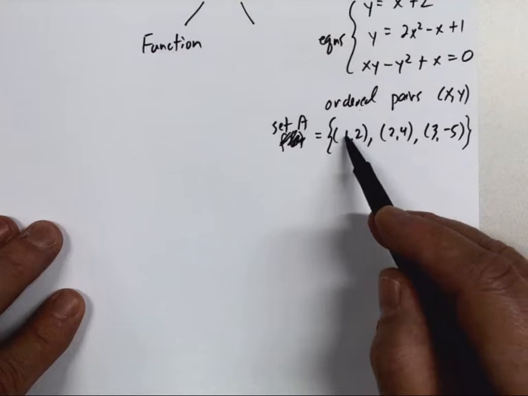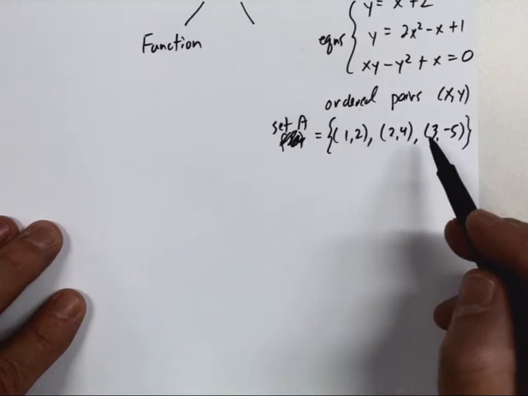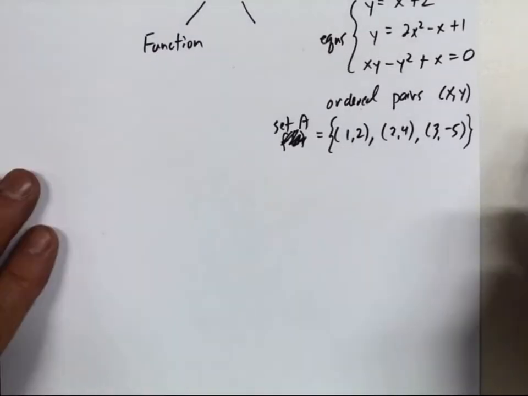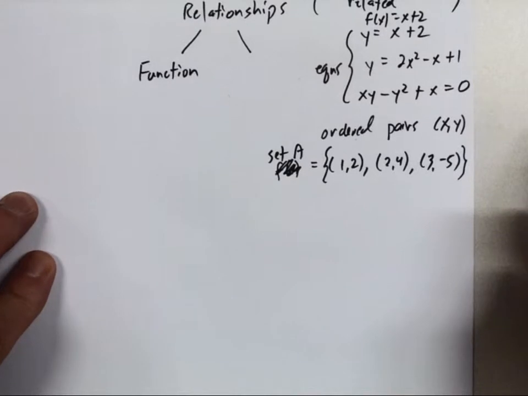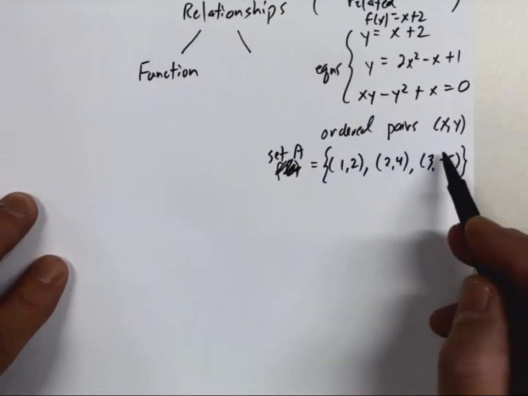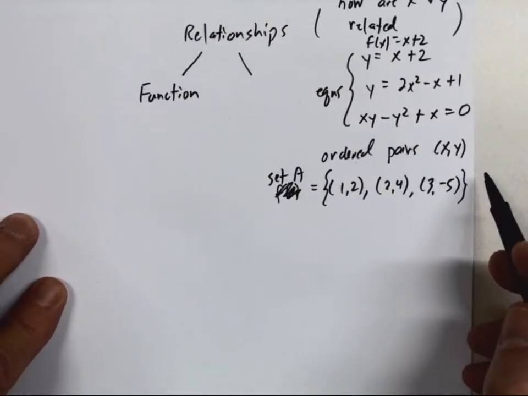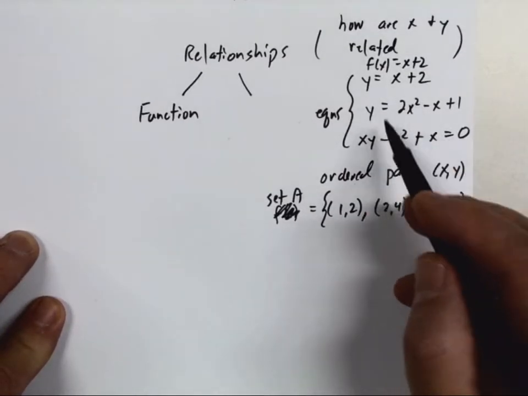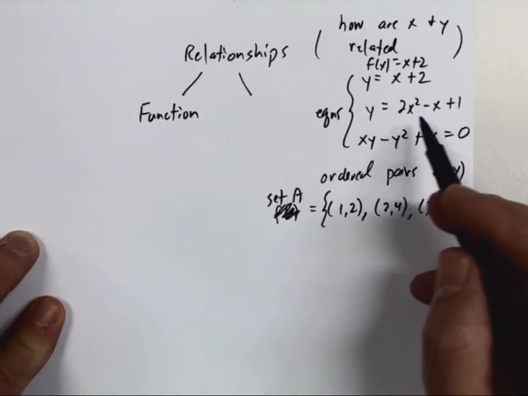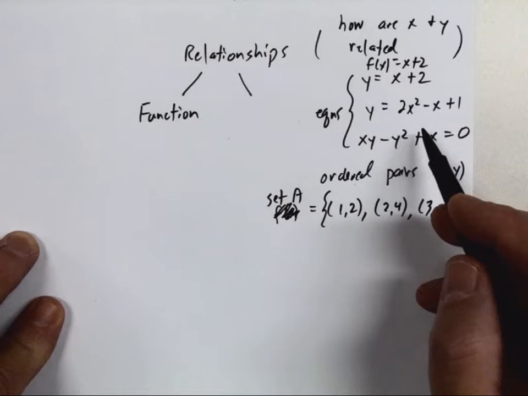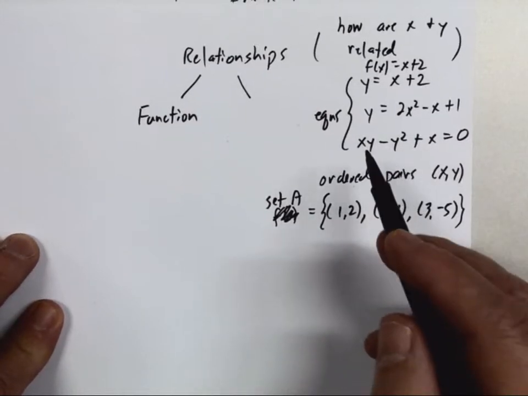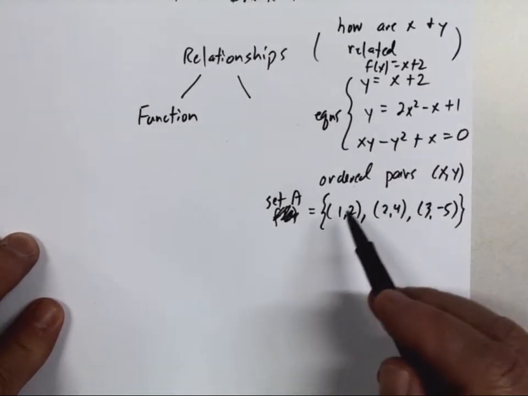x can either be 1, x can be 2, or x can be 3. That's it. Those are the only possible values of x for this relationship. When I have an equation, x can be anything. But once again, a relationship just describes how x and y are related.